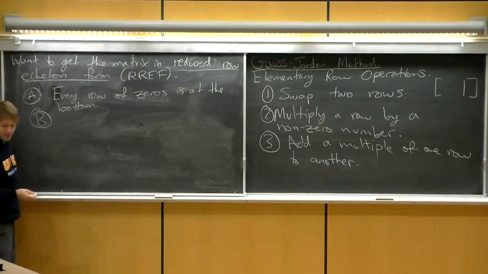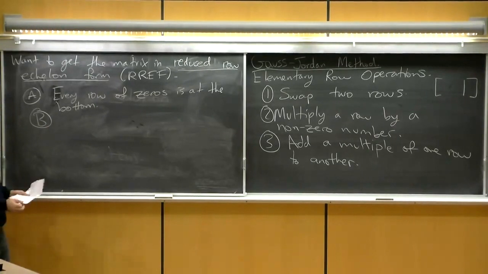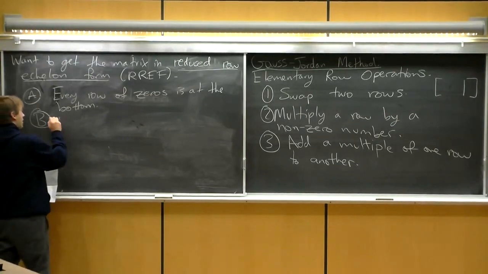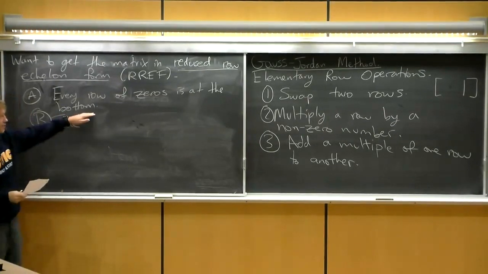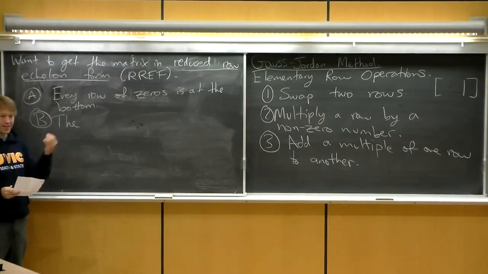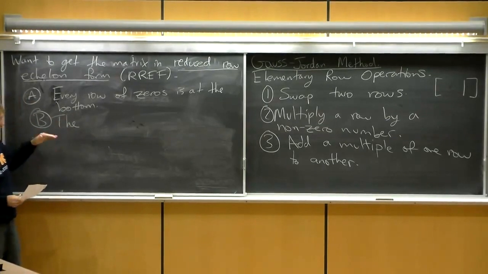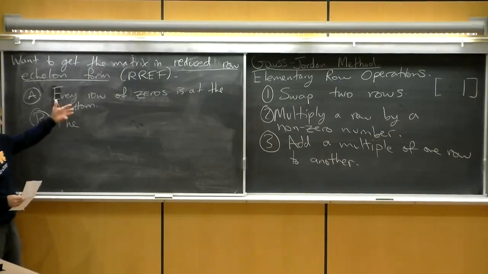So there's 4 properties. The rows of zeros have to be at the bottom. Secondly, you're going to have to be able to recognize if a matrix is in this form or not. This isn't just about solving them, but you need to know what these 4 rules are for reduced row echelon form.